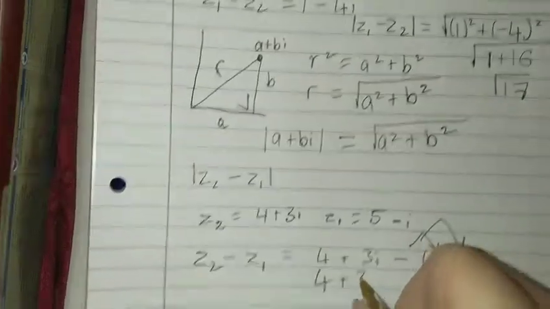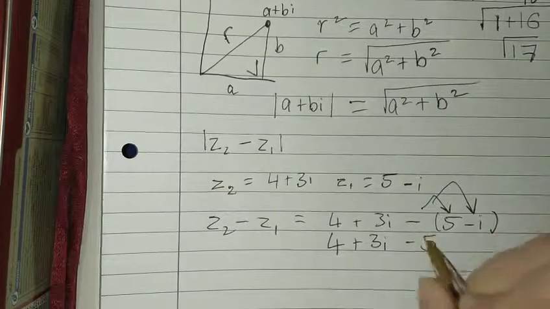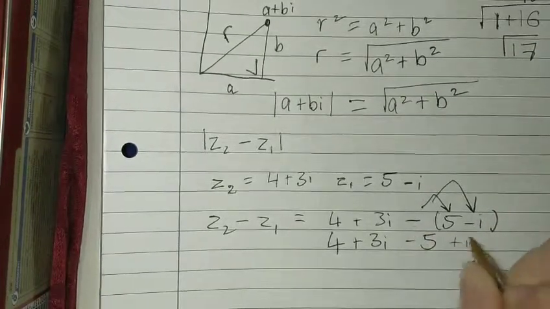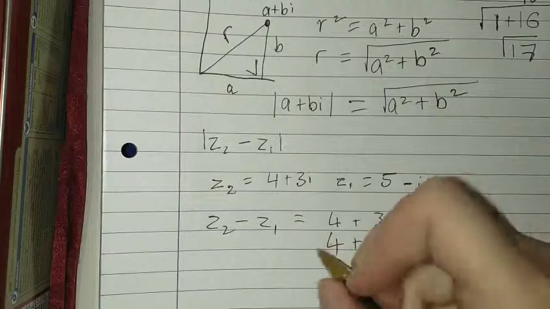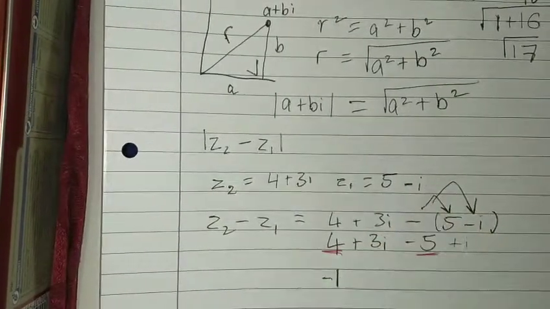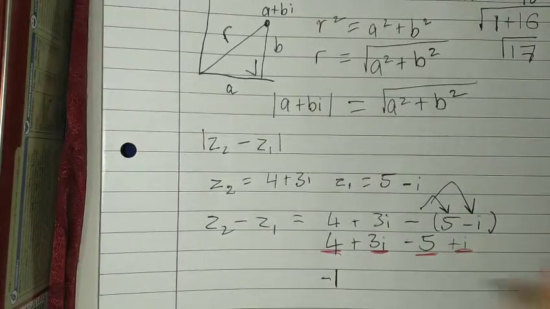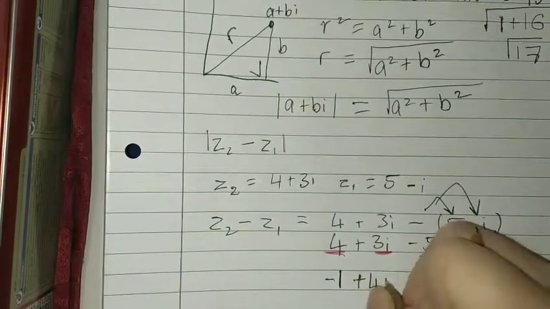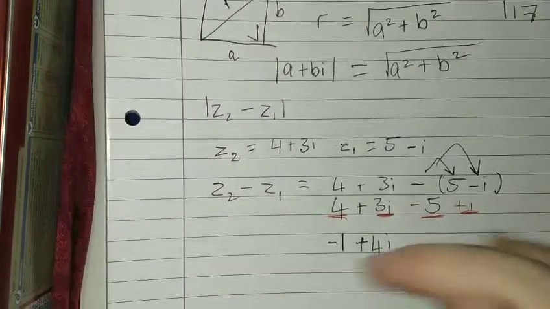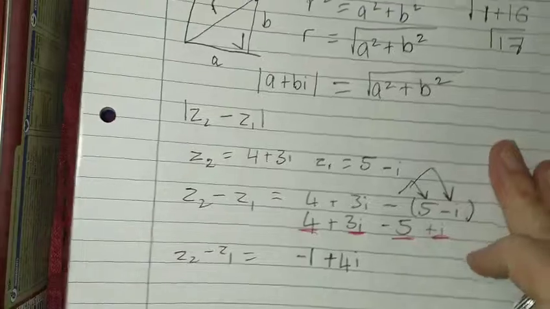So 4 plus 3i, and then that'll be minus 5, and a minus by a minus gives a plus i. So real parts together, so 4 and minus 5, that gives me minus 1, and then 3i and i, that gives me plus 4i.